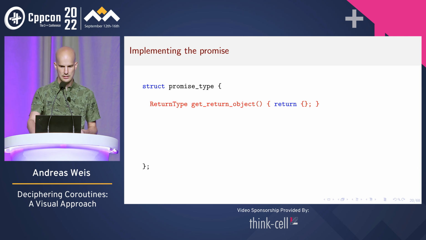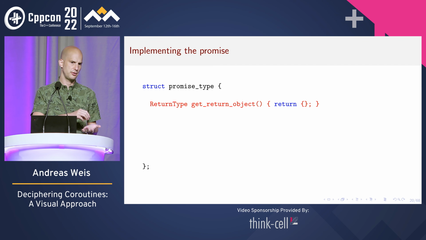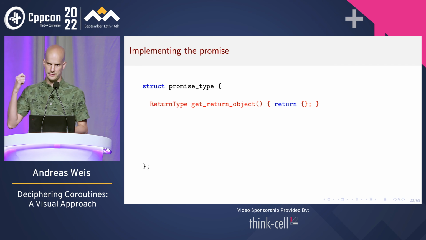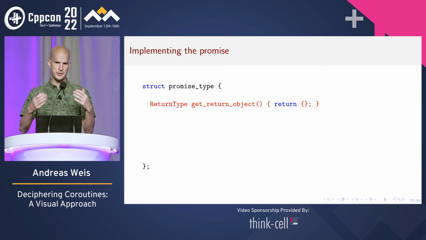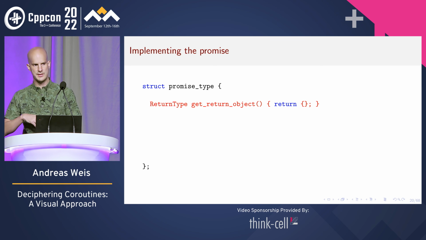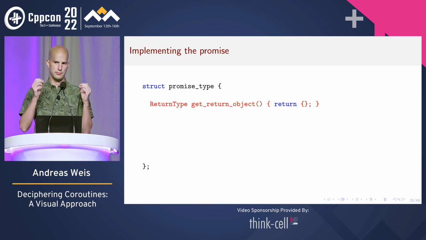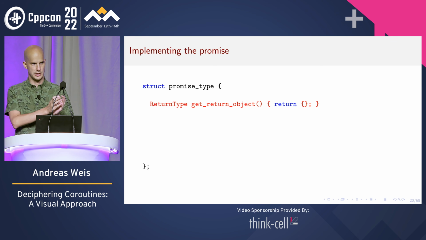And as you can see, the return type of this function is the same as the return type of the coroutine function. So what happens here is that when the coroutine starts executing, the compiler implicitly calls this getReturnObject function, and now it's up to the promise to construct the return object that will be handed back to the caller, right?